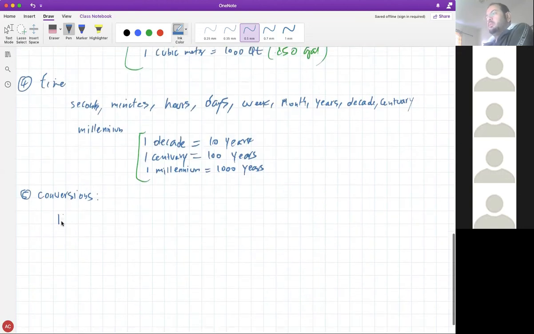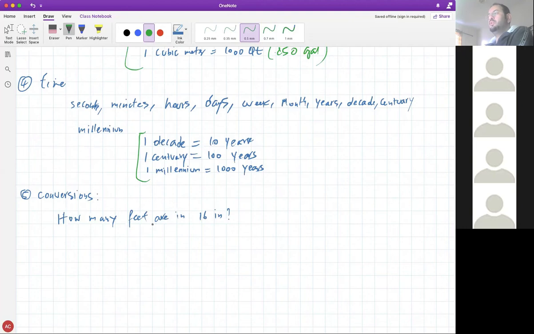As an example: how many feet are in 16 inches? So how many feet are in 16 inches?